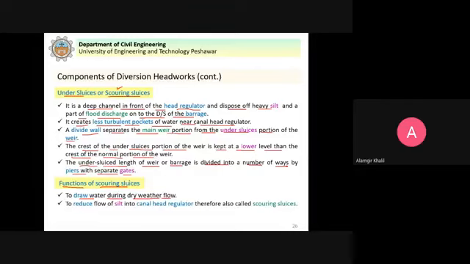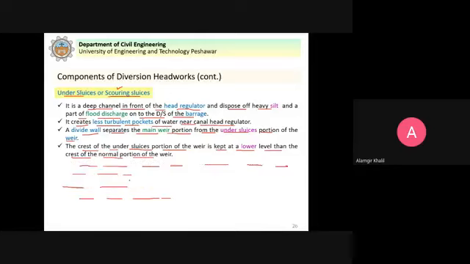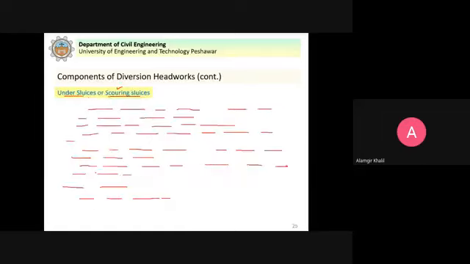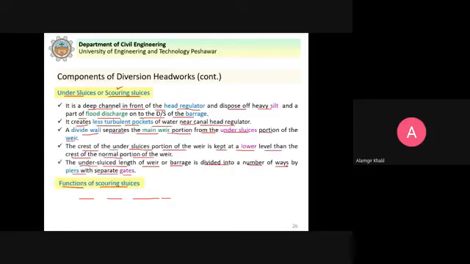You see that at the bottom, these gates are provided here. You see the length divided into bays by piers. Each bay is provided with a gate to act as an opening of controlled height. So that is why the function is to draw water during dry weather flow. I will show you in the picture also.